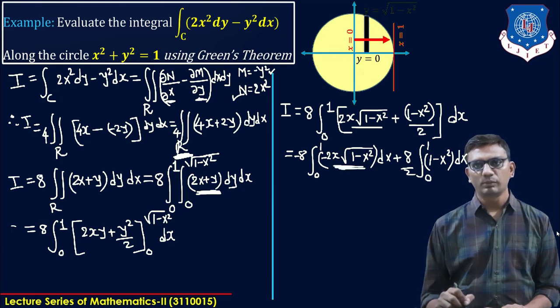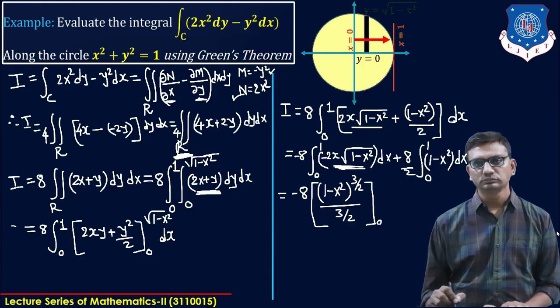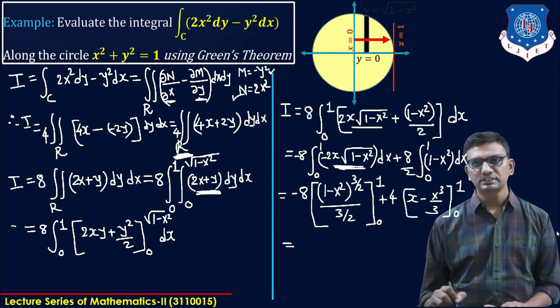Now after applying the proper formula of integration, we get minus 8 into the integration of 1 minus x square raised to 3 by 2 upon 3 by 2, and the limit is 0 to 1, plus 4 times the integration of the second part, which is x minus x cube by 3 for the limit 0 to 1, minus 16.